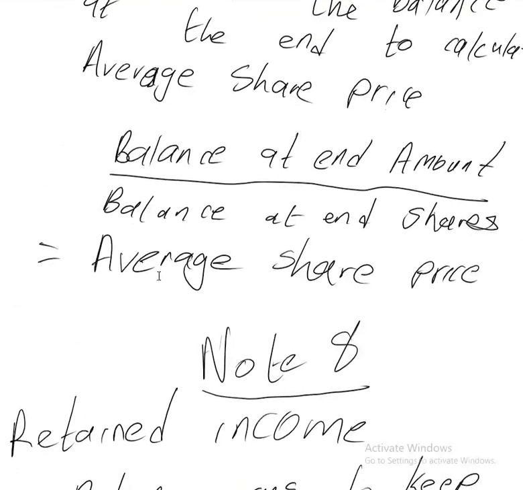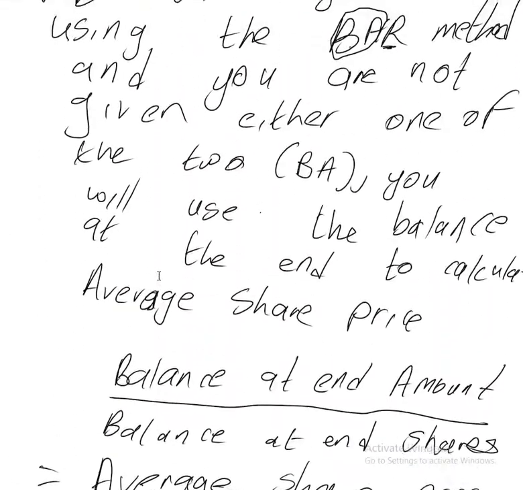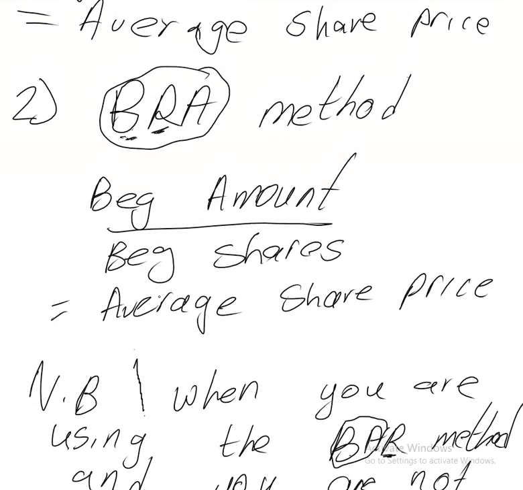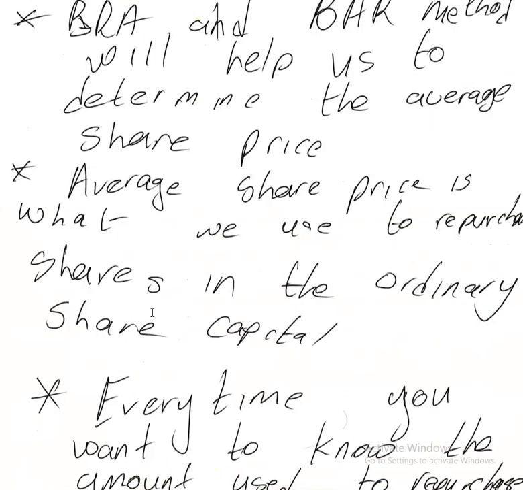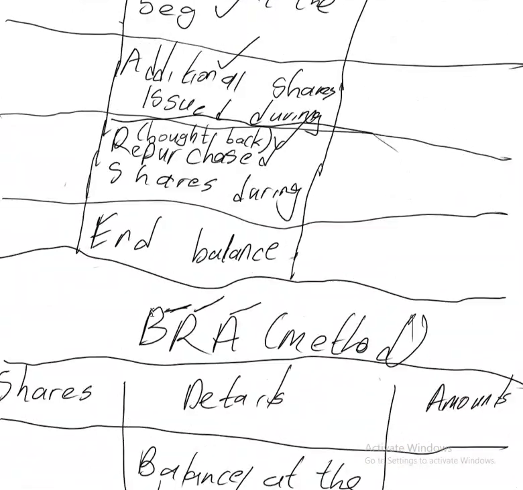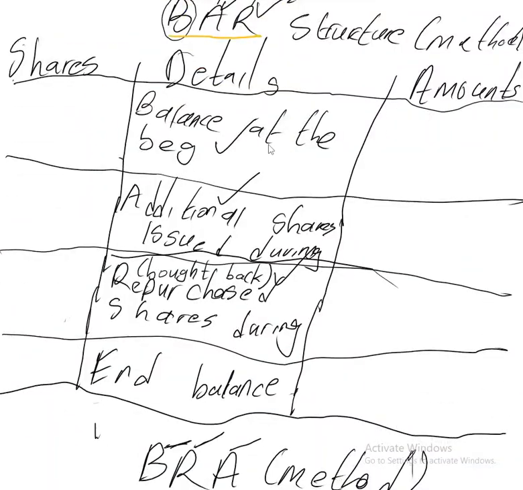Okay, so I actually realized just now that somebody might be asking themselves how can I determine whether I'm dealing with the BAR or the BRA method, right? Like, when do I know that I have to put the A before the R, or the R before the A?